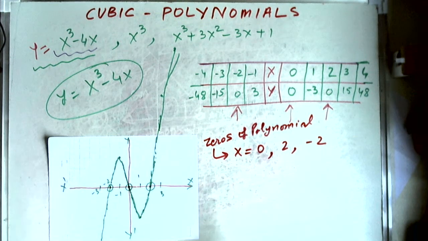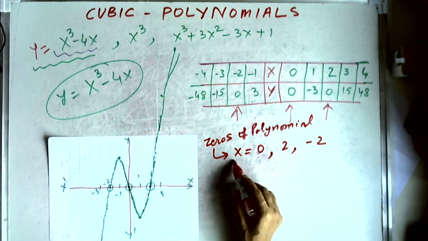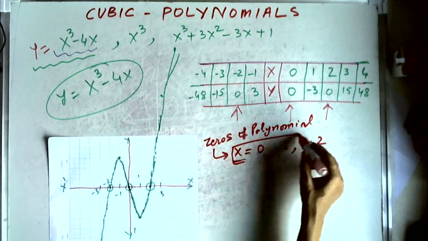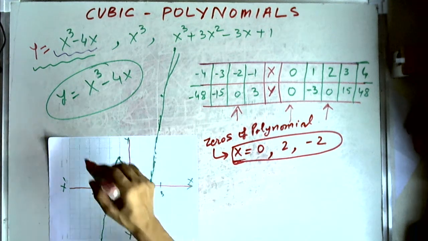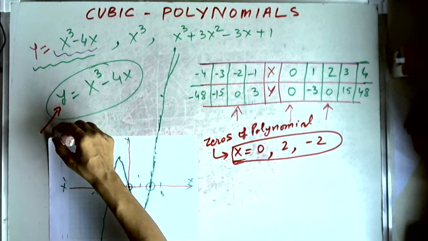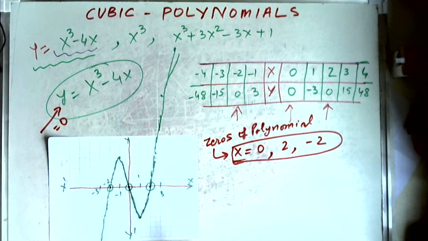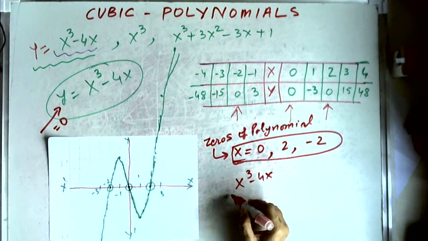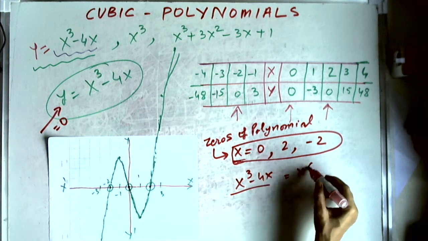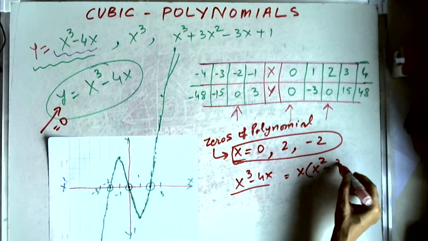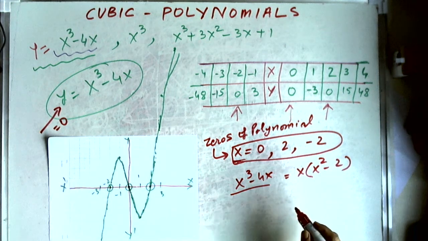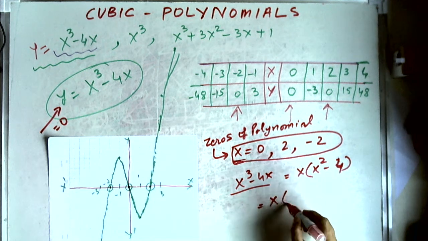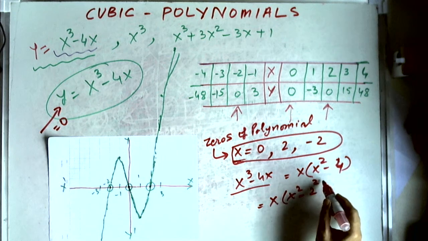And these are the points where the value of the polynomial, that means y, is equal to 0. And we can solve this equation algebraically also. X cube minus 4x. We know that x is common, and then we are left with x square minus 4, which is x square minus 2 square.